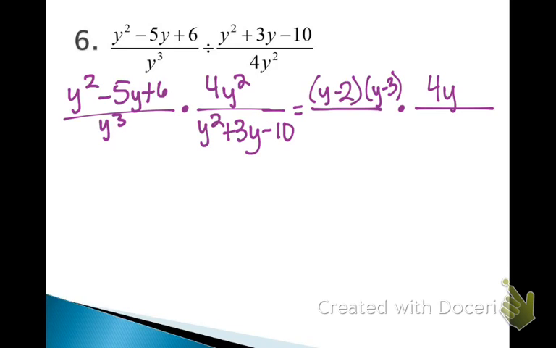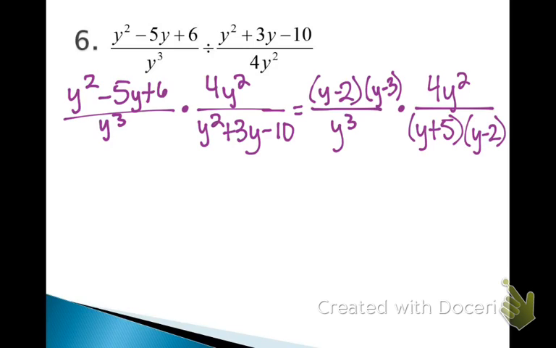It stays. It's a monomial. It cannot be factored. My first denominator also stays. Monomial can't be factored. And my second denominator: 4y plus 5, y minus 2. Beautiful. We're multiplying to a negative 10, adding up to a positive 3.